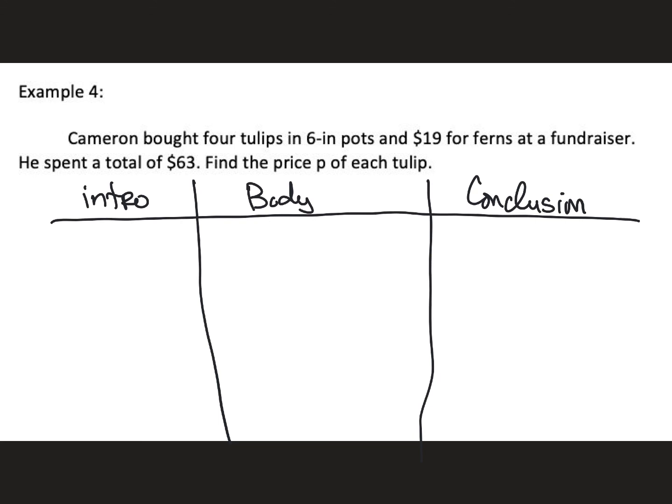She spent $63 total. Find the price P of each tulip. And if we look at it, they actually told us what variable we're going to use, P. We're going to say let P equal the price of each tulip.